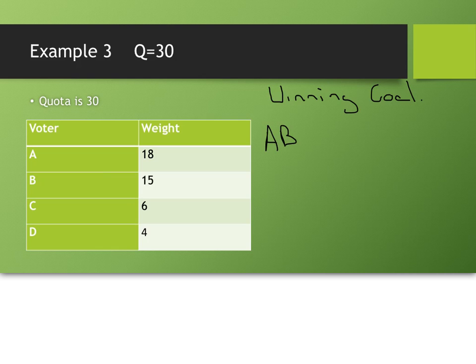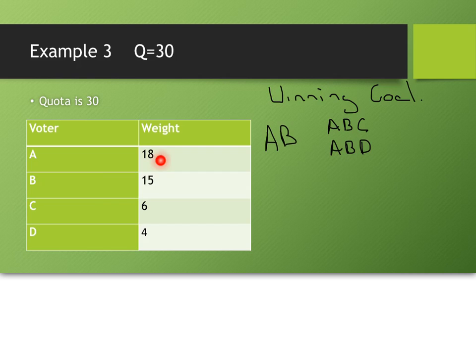All right. With 3 people in it, obviously A, B, and C, and A, B, and D work. And if you look at A, C, D, that adds up to 28. So A, C, and D doesn't work. Same thing if I do B, C, and D. Basically, if your coalition is a 3-person coalition and it doesn't have A and B both in it, then it's not going to work, because we need a quota of 30.